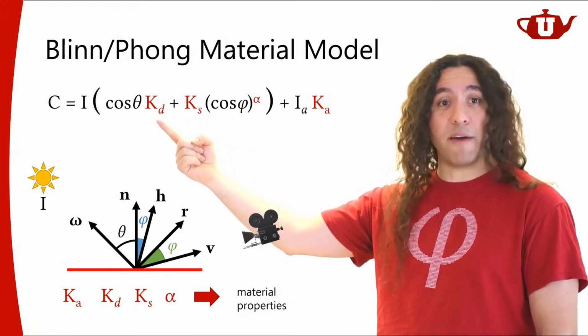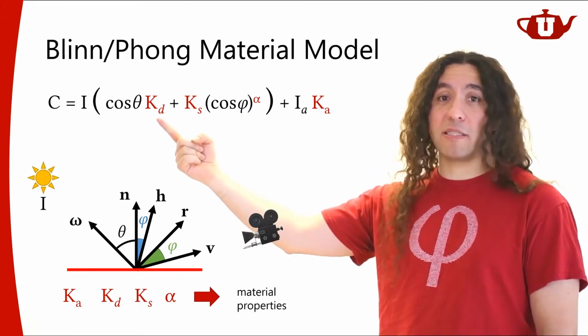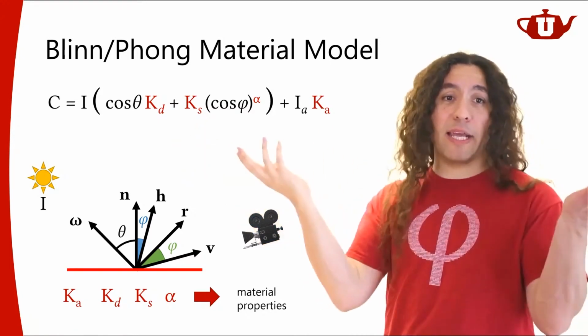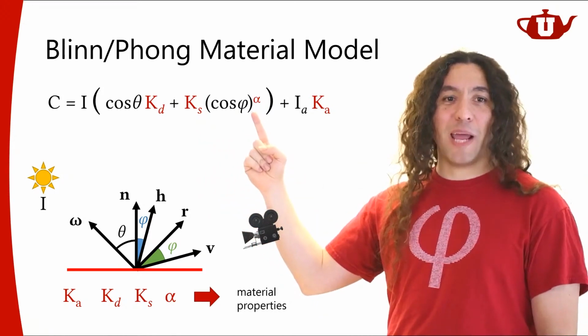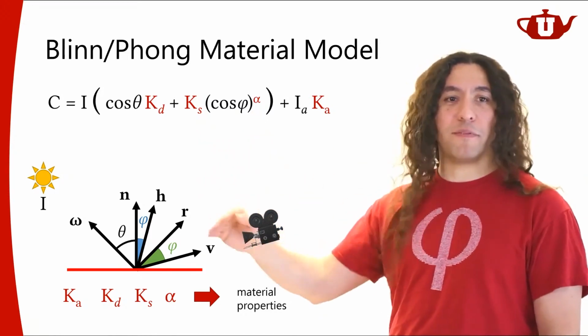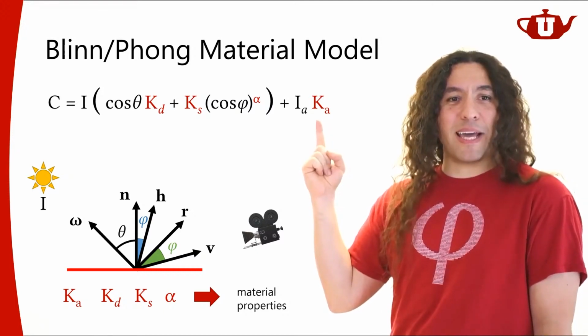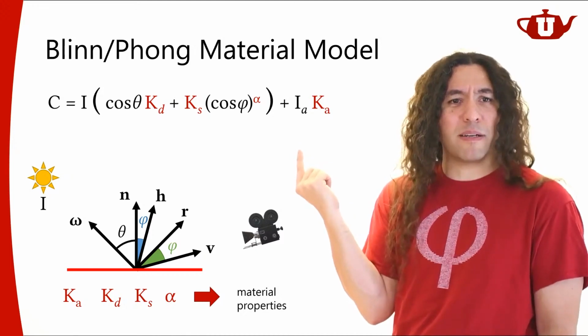This is like if I have a wood texture, that's going to be this wood texture. This is just how shiny that is on the surface, and this is the shape of that shininess, how smooth the surface is. But what is this? It doesn't make any sense to have an ambient color term here for my material.